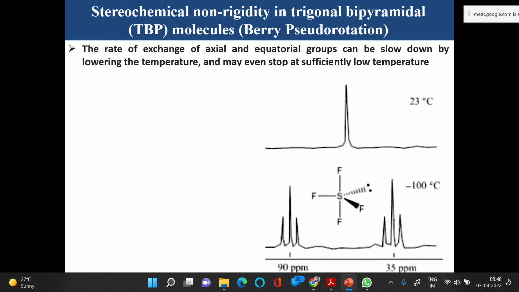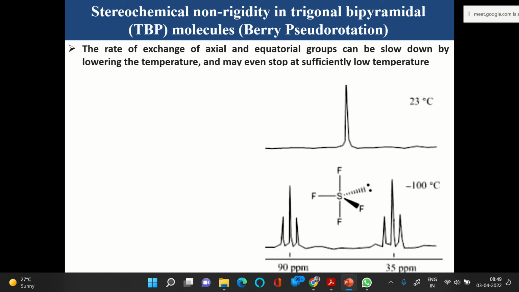In a similar fashion you can analyze more such molecules. So next one is SF4, sulfur tetrafluoride. This also adopts a trigonal bipyramidal geometry.